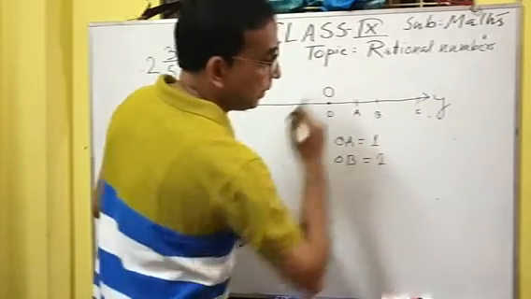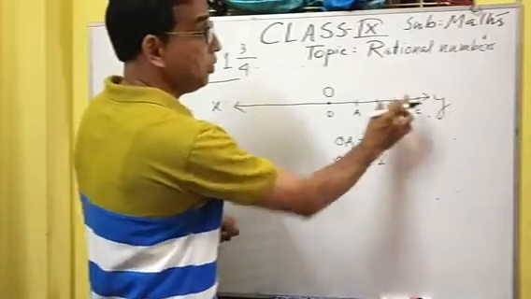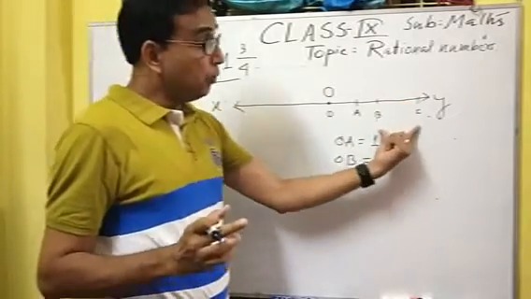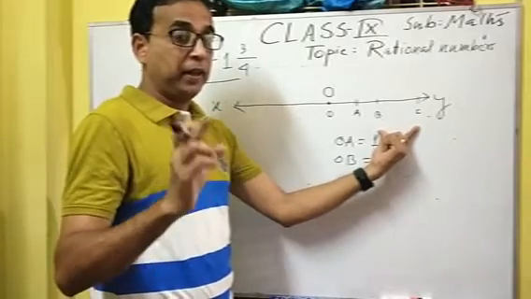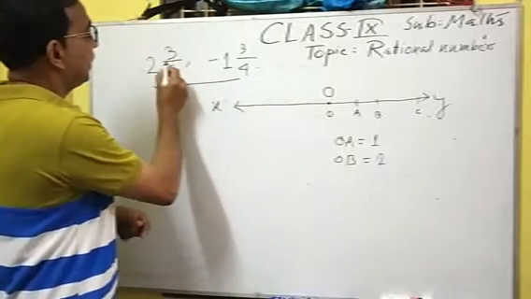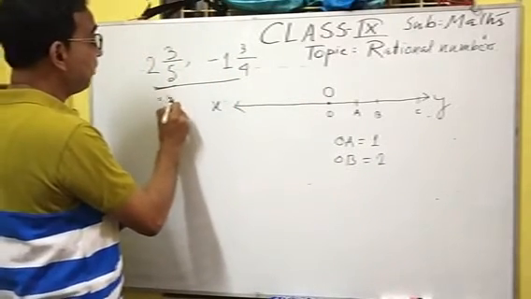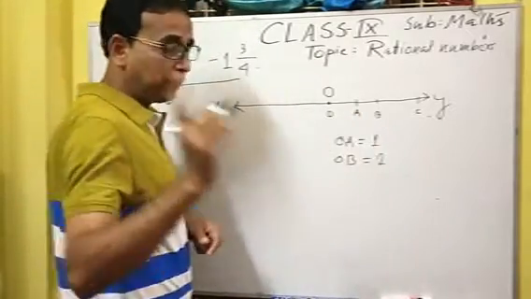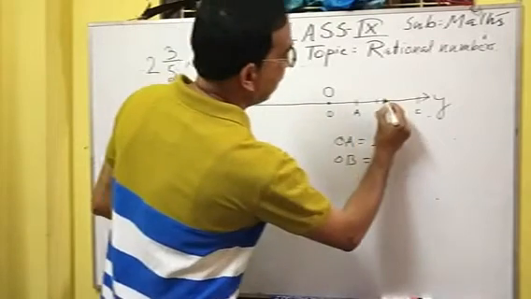The unit BC has to be divided into 5 equal parts, since the denominator of the rational number is 5.